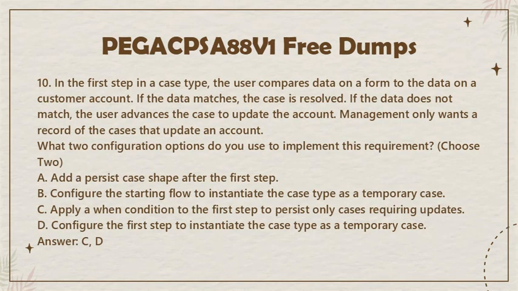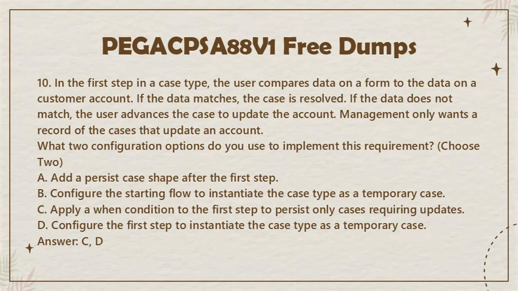10. In the first step in a case type, the user compares data on a form to the data on a customer account. If the data matches, the case is resolved. If the data does not match, the user advances the case to update the account. Management only wants a record of the cases that update an account. What two configuration options do you use to implement this requirement? Choose two.